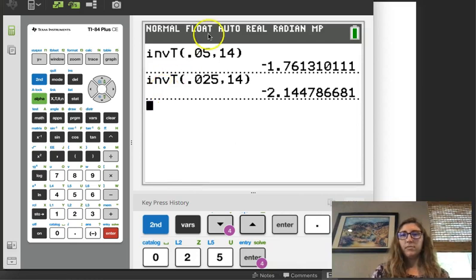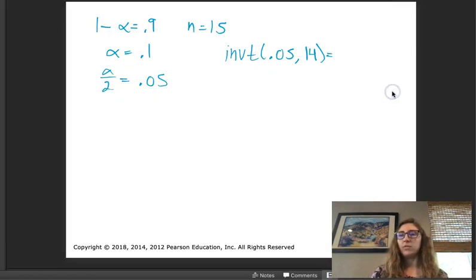So, it looks like we have already done that, right? That was the value we did before. So our answer, so that's negative 1.761. All right, so this is negative 1.761, which means that our critical t value is positive 1.761.